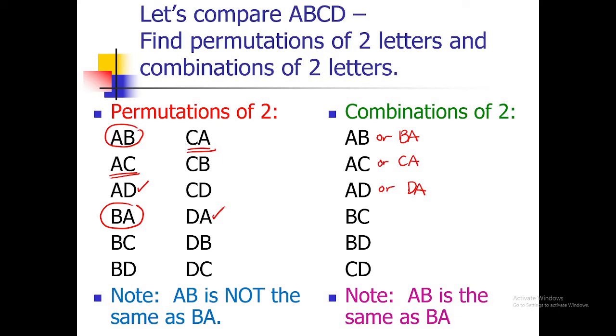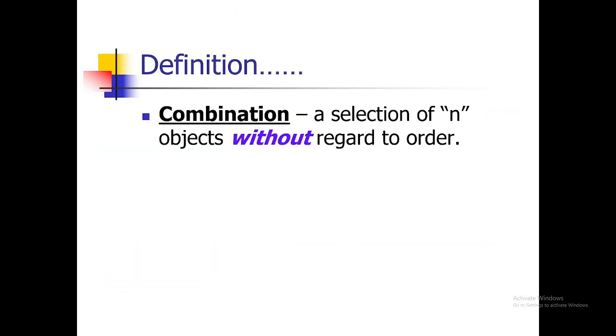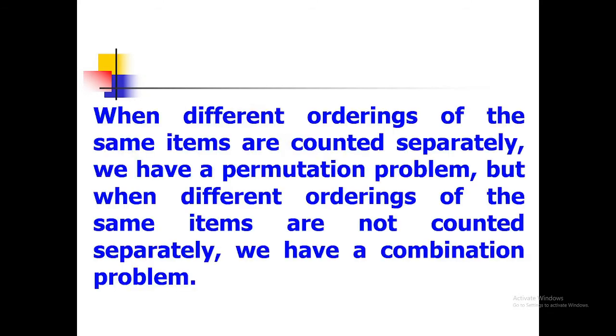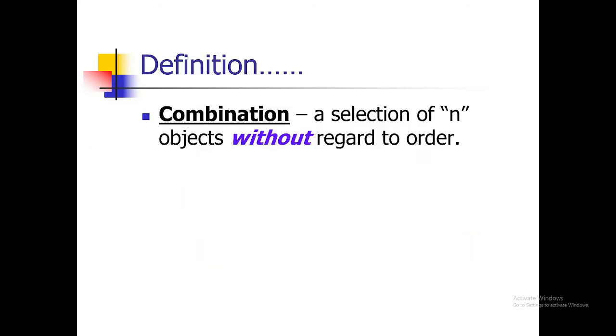And that's it for combination. Now, let's go to the definition first. When different orderings of the same items are counted separately, we have a permutation problem. But if different orderings of the same items are not counted separately, meaning they just mean the same, it is a combination problem. A combination is a selection.